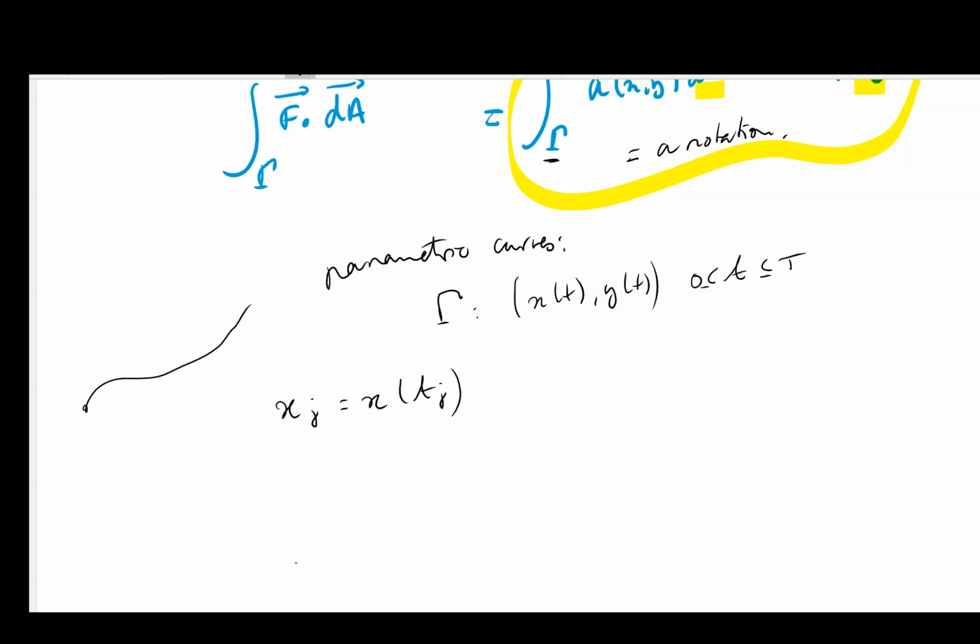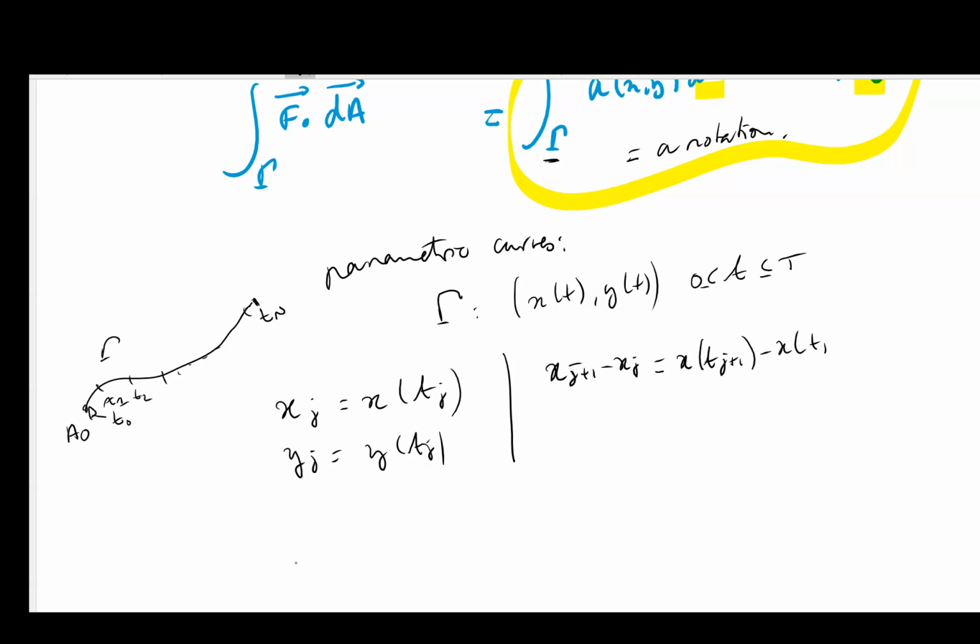So if I've got my curve given like that, and that was my point A0, that corresponds to T0, first T1, T2, etc., and up to the endpoint would be given by Tn. So xj is actually x of tj, and yj is y of tj, of course. So when I've got things like x j plus 1 minus xj, that's actually x of tj plus 1 minus x of tj.